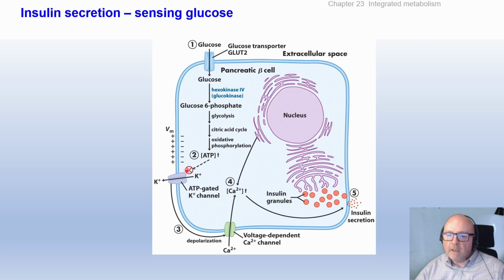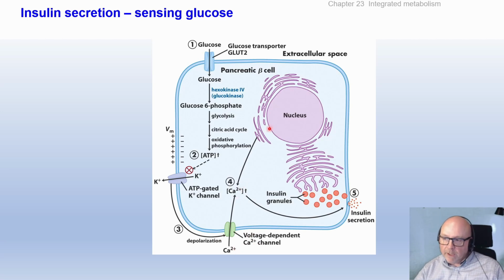But when ATP binds, this efflux of potassium is blocked, so the cell depolarizes. So this charge is lost. This depolarization of the membrane is sensed by the voltage-dependent calcium channel, which allows influx of calcium.